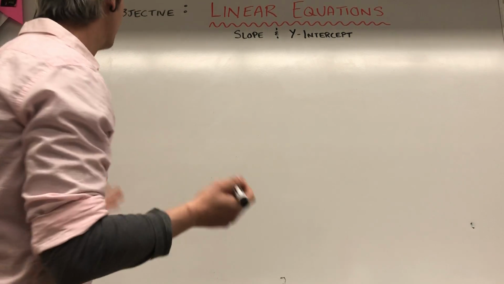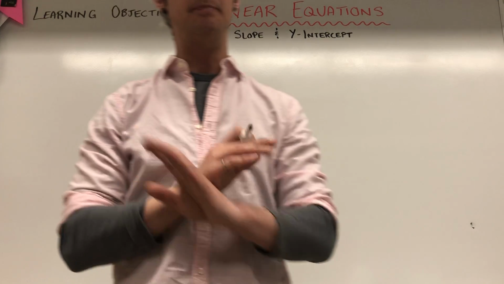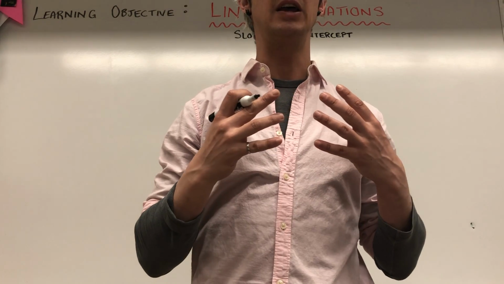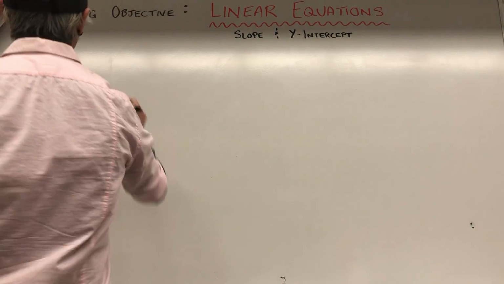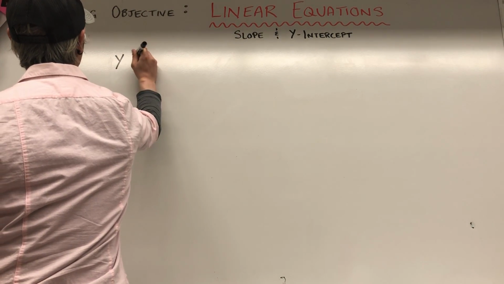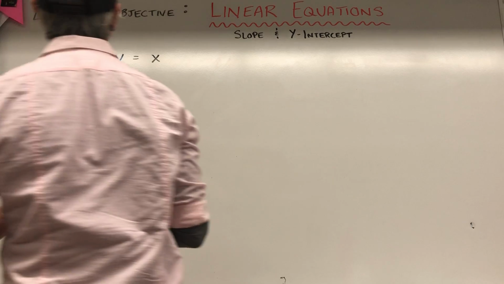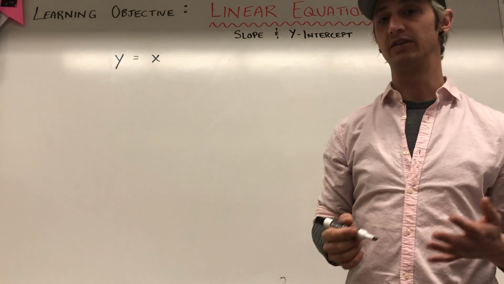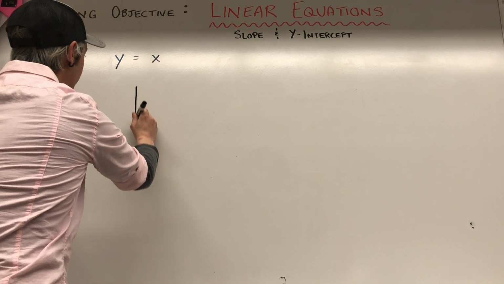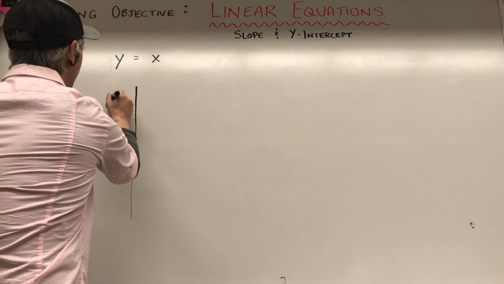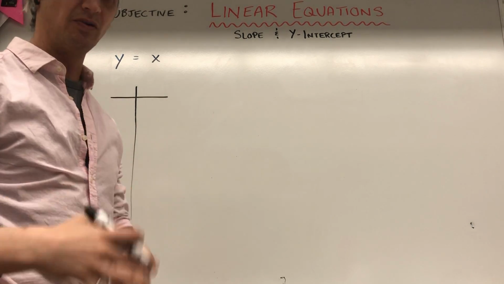So, slope of a line. The most basic equation of a linear equation is just y is equal to x, okay? This is the most basic linear equation we can come up with. And we call it a linear equation because whatever graph it's going to produce is going to be linear. It's going to be a line.